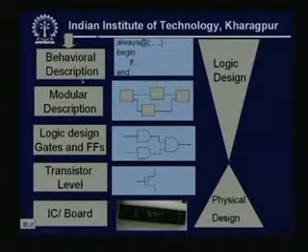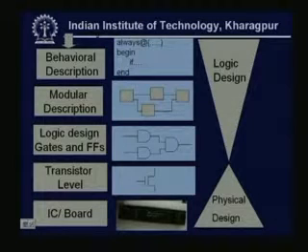Then the CAD tool will partition the whole system and some modules will be generated from there. That means the original system is partitioned into some modules, and we call the second phase the modular description.